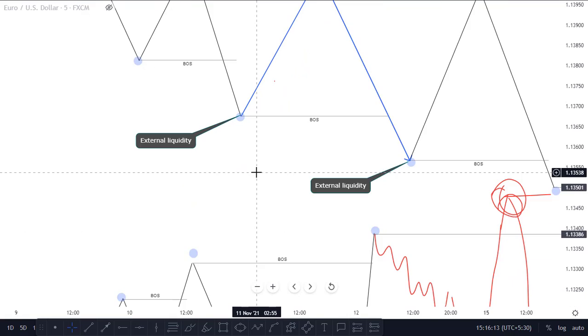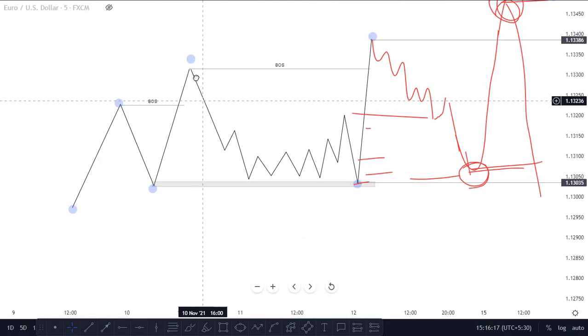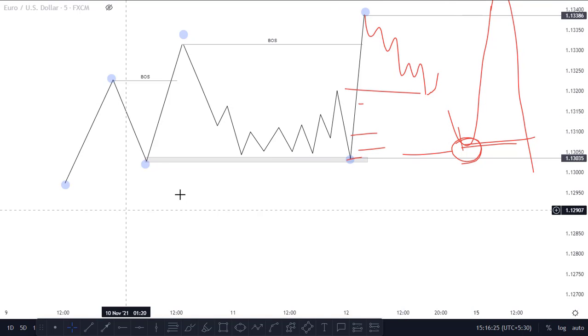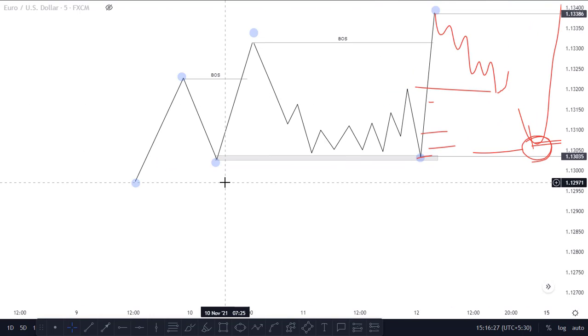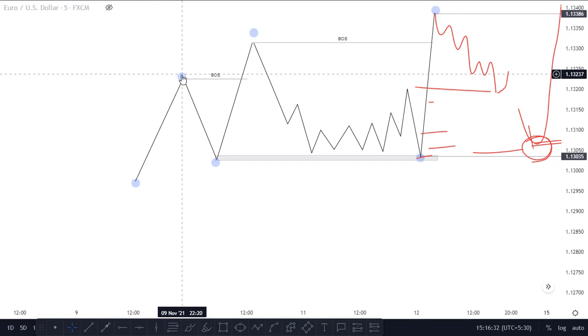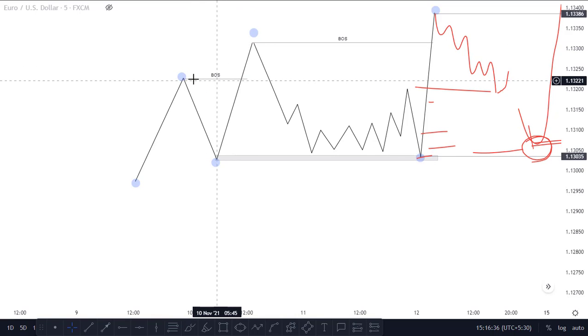Now let's talk about uptrend structure. It's the same. Simply understand that it is upside down. So we have a low, a high, a higher low, a higher high. We have got a break of structure here.